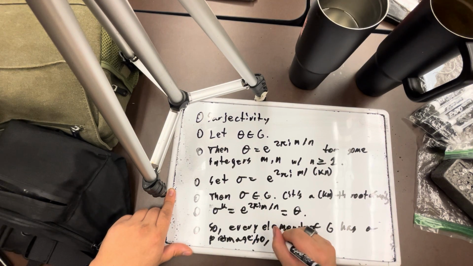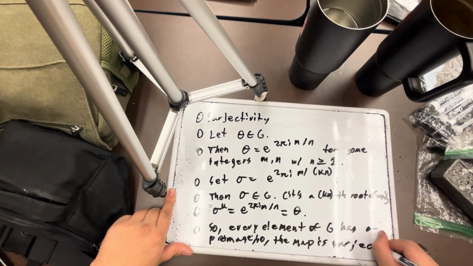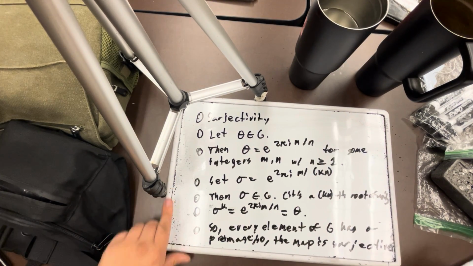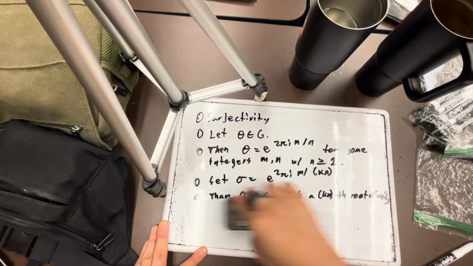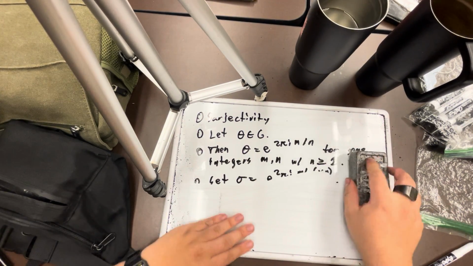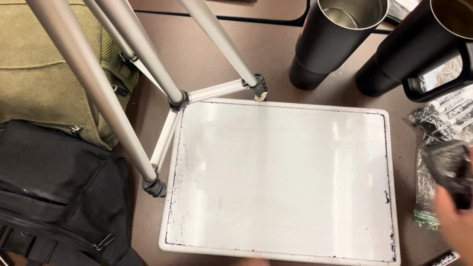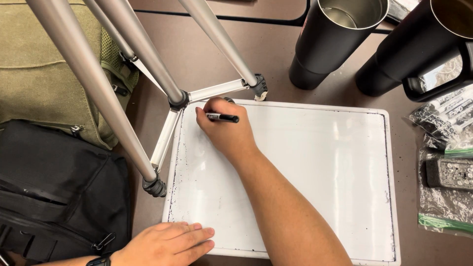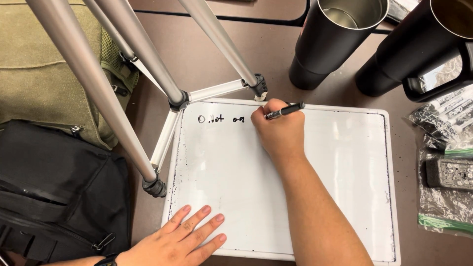So the map is surjective. Okay, now let's move on to proving that it's not an isomorphism. I mean, we could just say it's not injective, right? But let's go ahead and prove that it's not an isomorphism. That's what we want to prove.